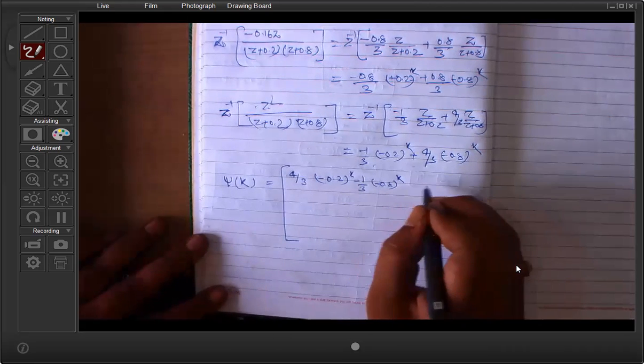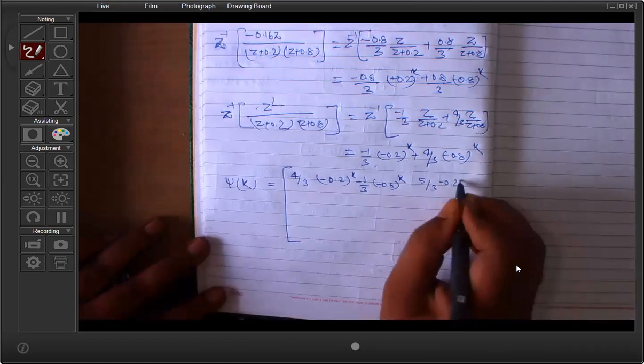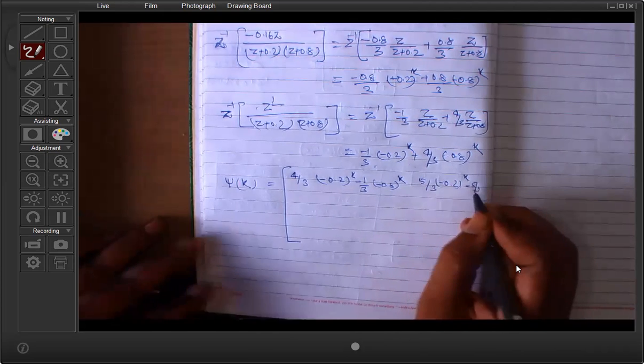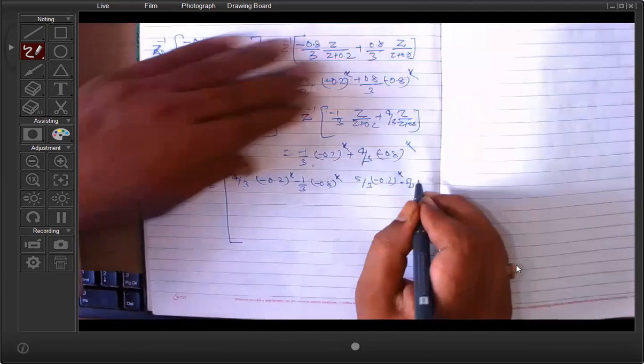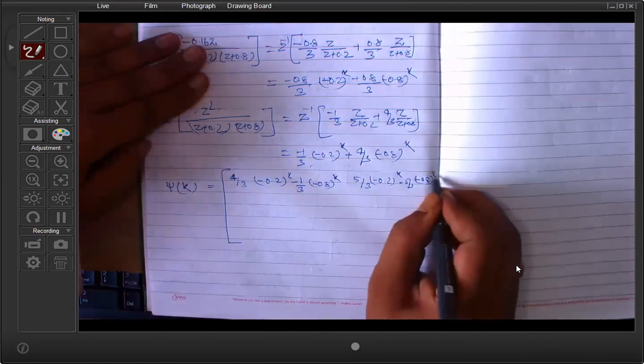Second term 5 by 3 (minus 0.2) to the power k minus 5 by 3 (minus 0.8) to the power k.